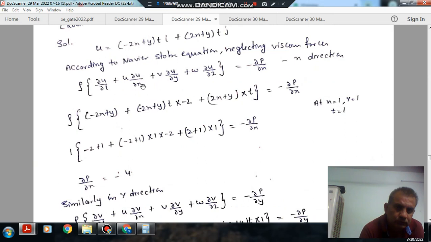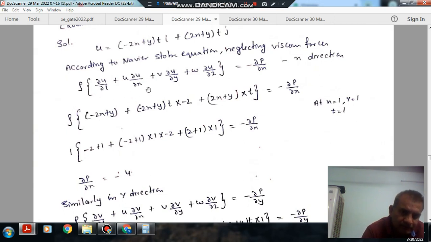Okay. So u is given as (-2x + y)t i and (2x + y)t j. According to the Navier-Stokes equation, if we consider the x direction, the pressure gradient is rho into a, where a is the acceleration, convective plus local.